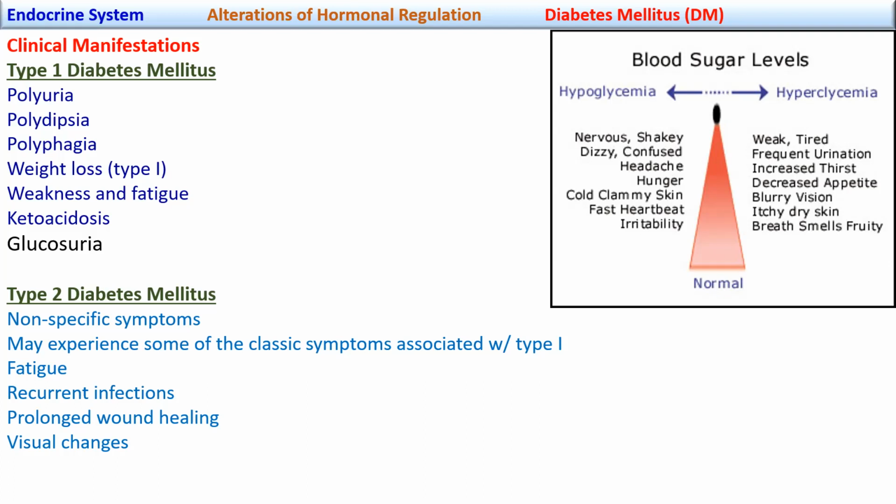So 4 main conditions added together at the same time would diagnose a patient with metabolic syndrome: hyperglycemia, hypertension, hypercholesterolemia, and increased waist circumference.